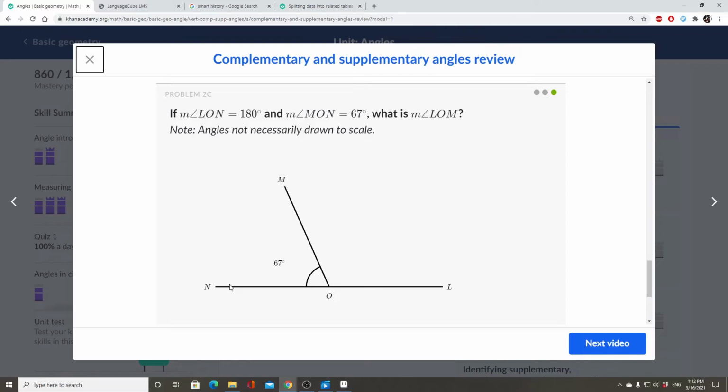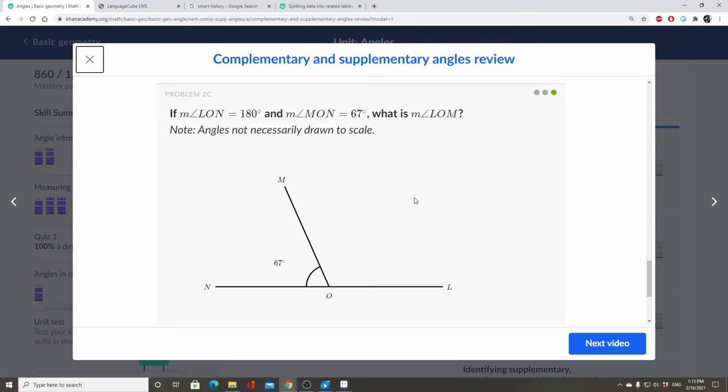If LON is 180, because it's a straight angle, and MON is 67 degrees, that's this one here. What is LOM? So that's 180 minus 67. This is a little trickier for me personally.